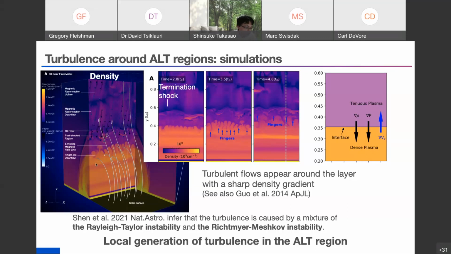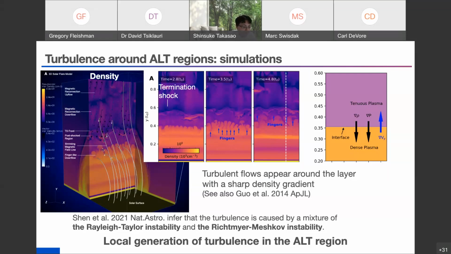We have a flare loop here, and this plane shows the density at the center of the solar flare. So this is a current sheet region. We have a downward reconnection jet hitting the reconnected field. And this region is a termination shock. And well below the termination shock, we see the finger-like flows or plumes.